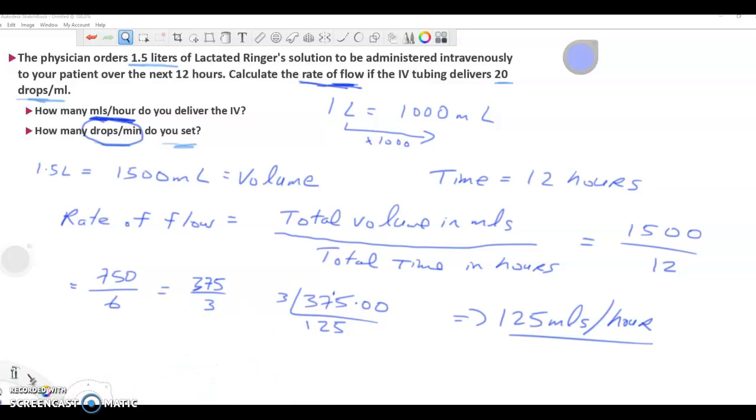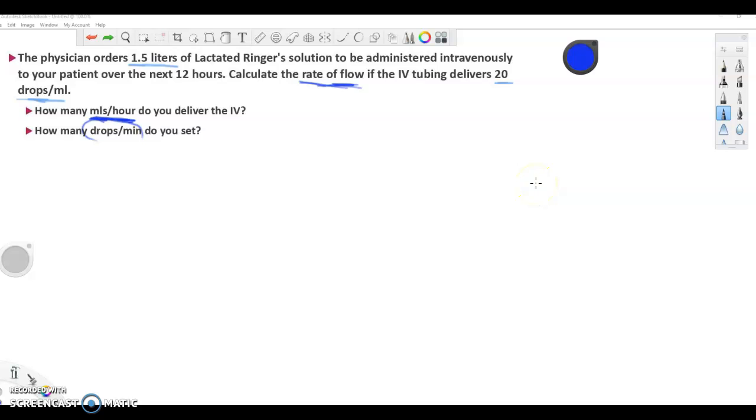Let's see. Right, part 2, we're looking at drops per minute. How many drops per minute do you set? The drops per minute is the drop rate. It's the rate at which drops fall per minute. And we have a formula for the drop rate.